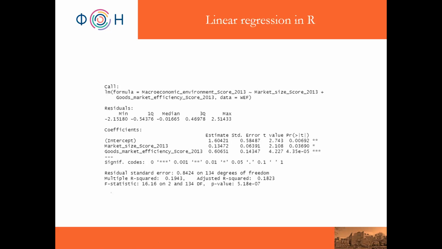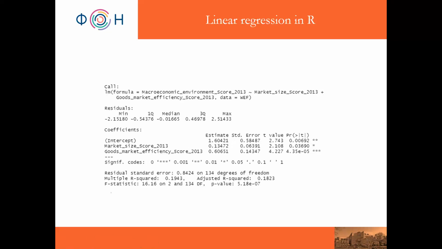The null hypothesis of the F-test is that the model is not statistically significant, while the alternative states that the model is statistically significant. Again, if we observe our p-value, we can see that it is pretty low, close to 0, which indicates that we can accept our alternative hypothesis, and we can say that our overall model is statistically significant.